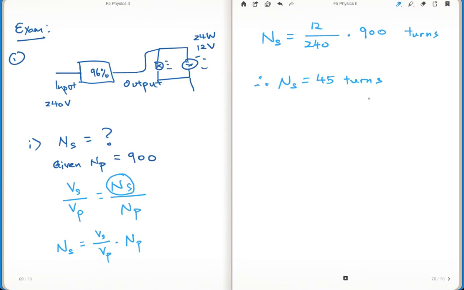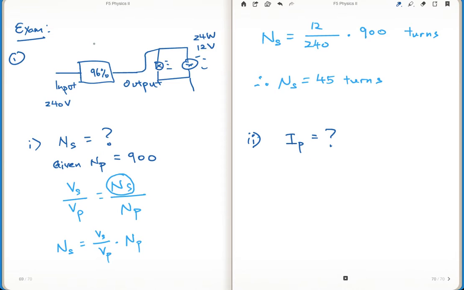Okay, so that's the first type of question. Second type, the current in the primary coil so that the light bulb is lit on. In order to solve this kind of question, you seem clueless, but look at the question again.